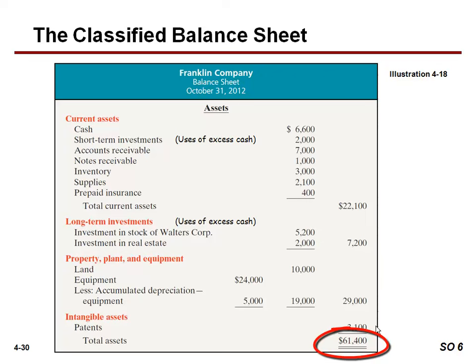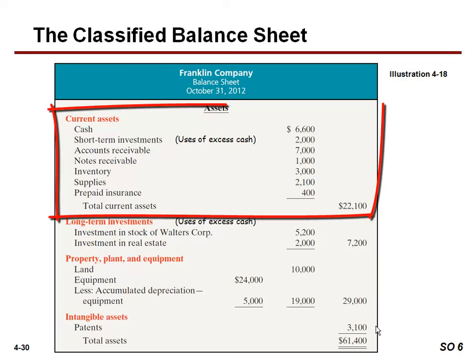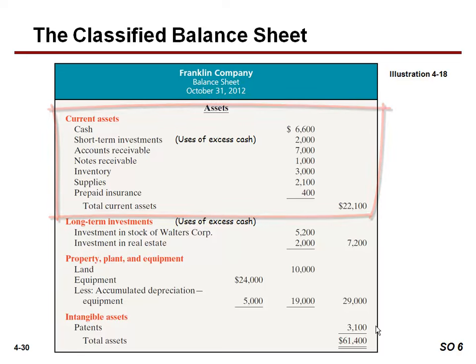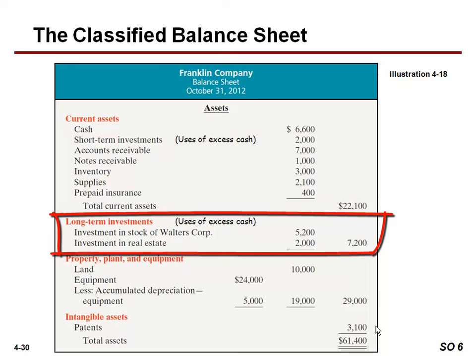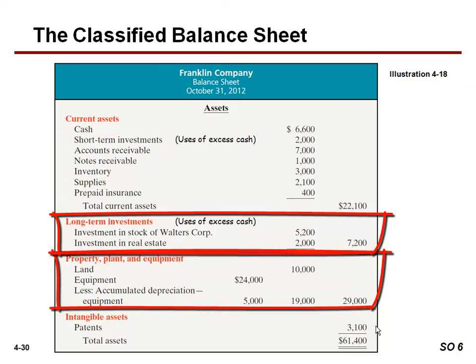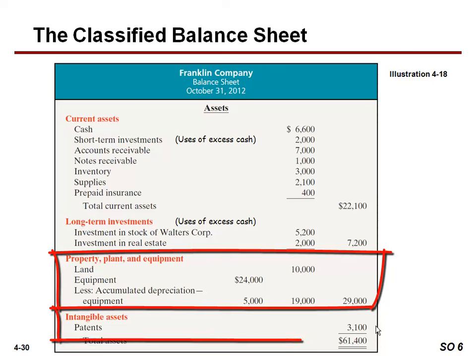Now, to conform to generally accepted accounting principles, we simply can't list all our asset categories totaling $61,400. We must group them, divide them, provide subtotals. You can see here we have 7 items that are grouped in what's called current assets. We have a couple of accounts in long-term investments, 3 accounts in property, plant, and equipment, and 1 category of intangible assets.